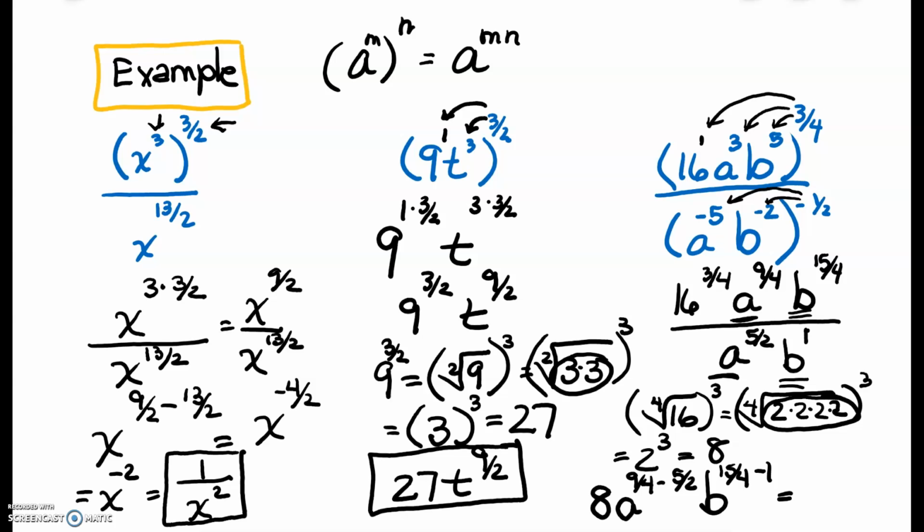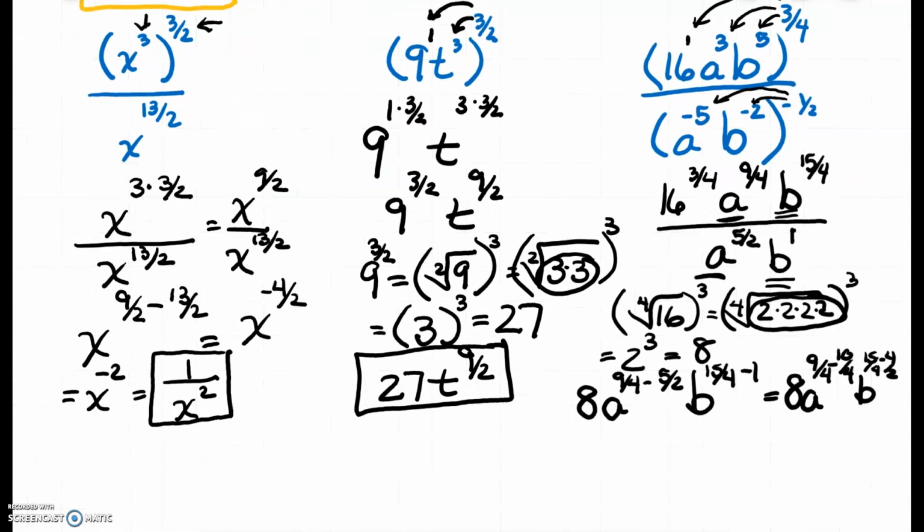So I really need a common denominator. And that denominator for a is going to be 4. So I get 9/4 minus 10/4, and b is going to be 15/4 minus 4/4. I'm going to move that up a little.